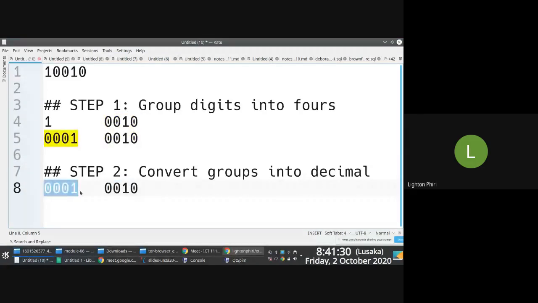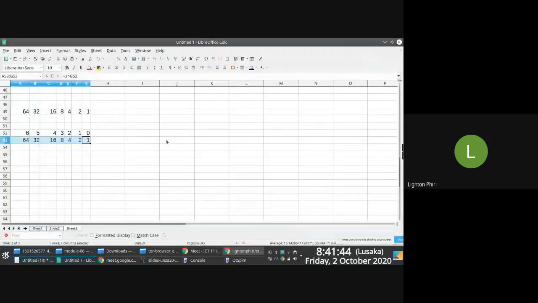Do you remember what we do? Repeated multiplication. We'll start with the rightmost, 0, 0, 1, 0. What is 0, 0, 1, 0 base 2 into decimal?